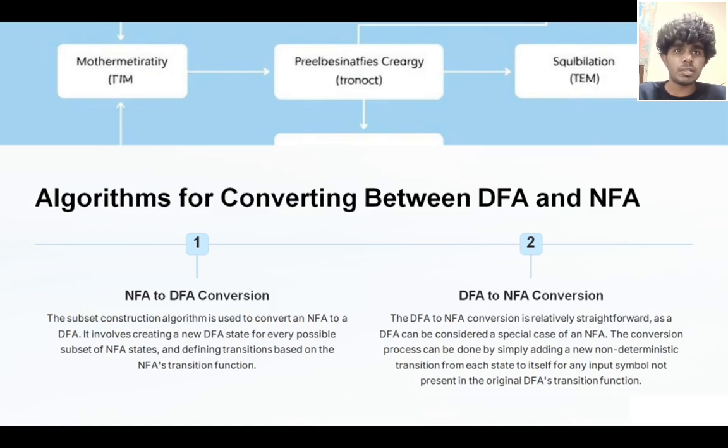DFA to NFA conversion: this is relatively straightforward, as a DFA can be considered a special case of an NFA. The conversion process can be done by simply adding a new non-deterministic transition from each state to itself for any input symbol not present in the original DFA's transition function.